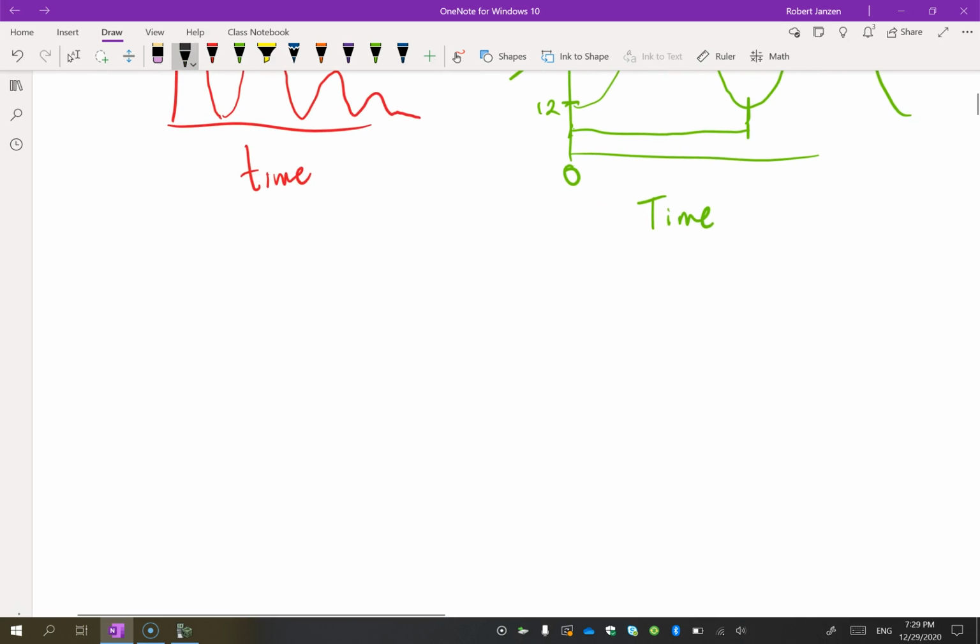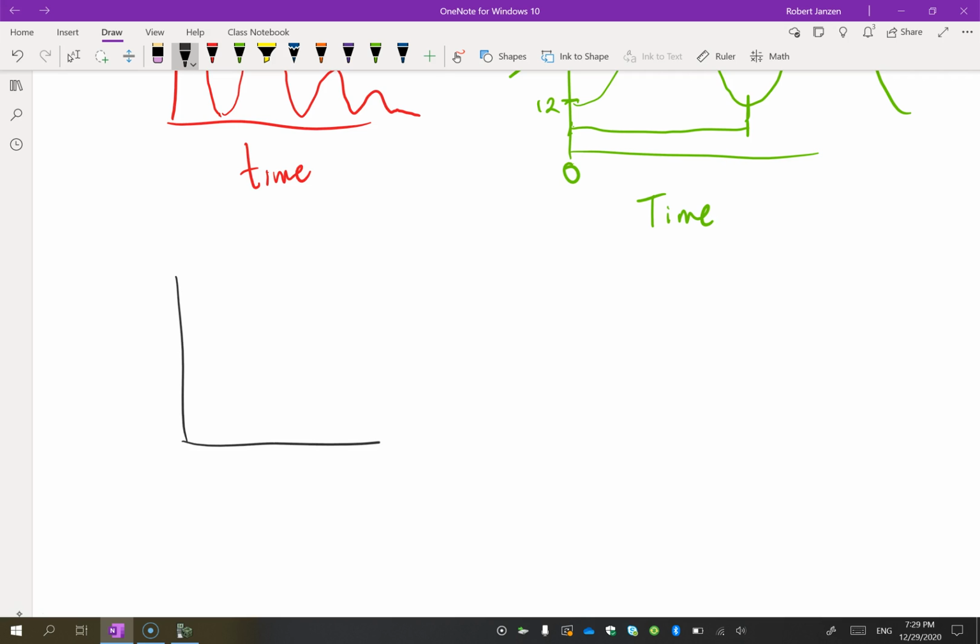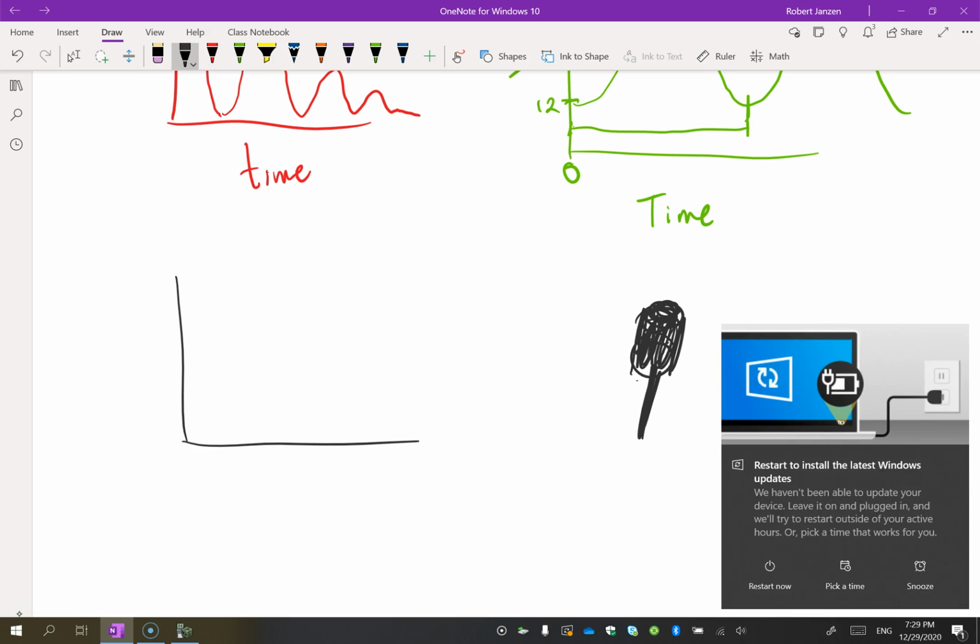So here we have a piston in an engine. And if you know anything about engines, they have sort of a cylinder here with an arm, and this cylinder goes up and down.